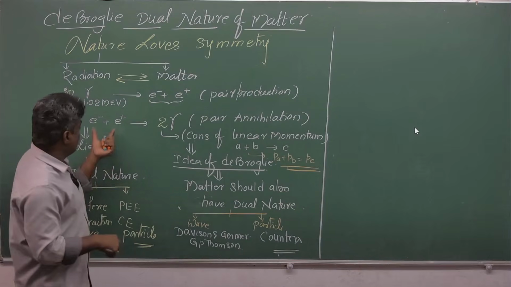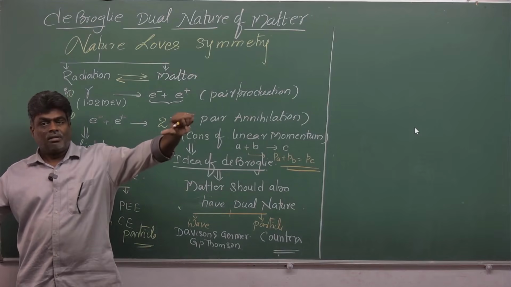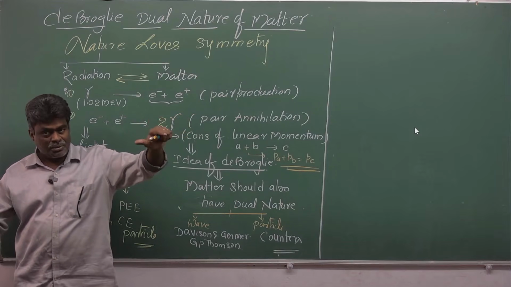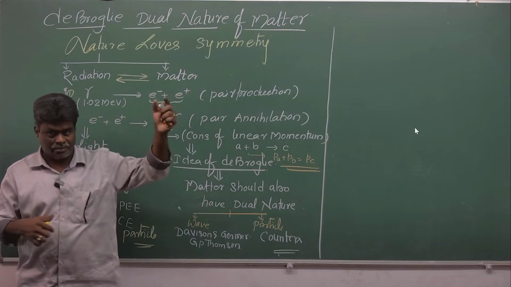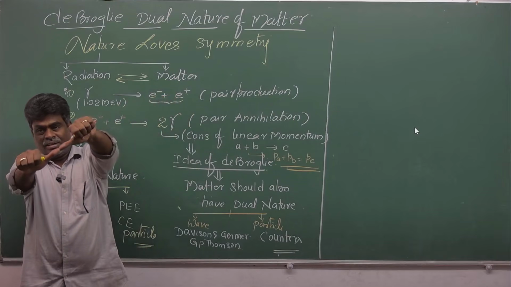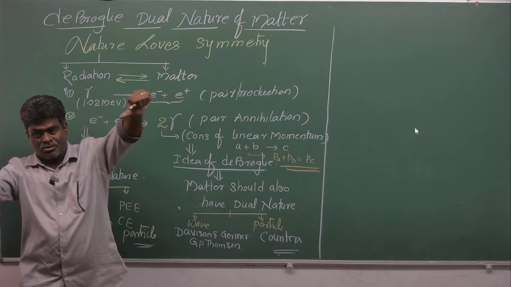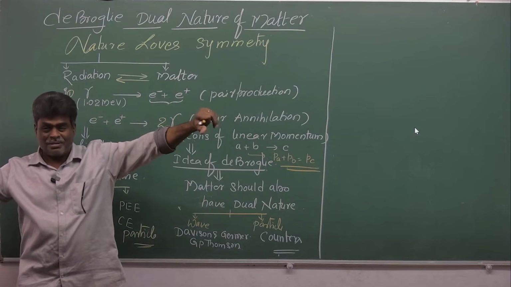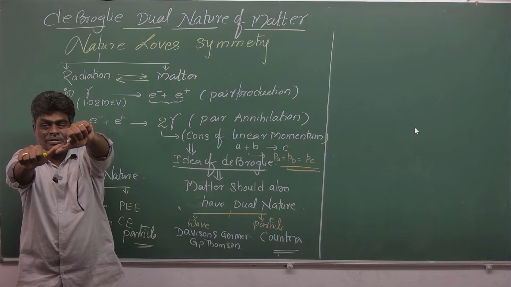Now, according to the Feynman diagrams, particle and antiparticle travel in opposite time directions. Let us say particle and antiparticle are coming like this, in opposite directions. So what is the total momentum, sir? Zero. Vector P minus P, answer 0.